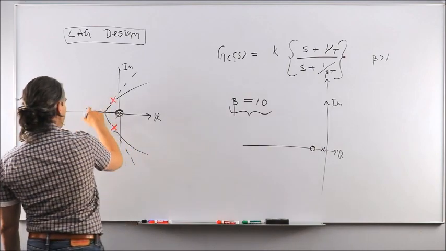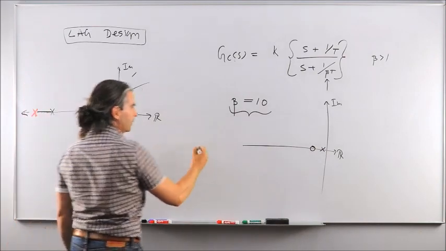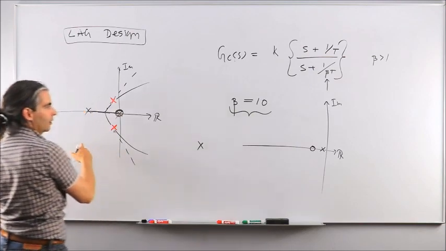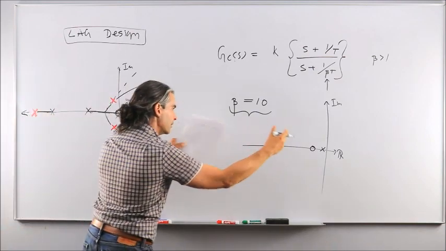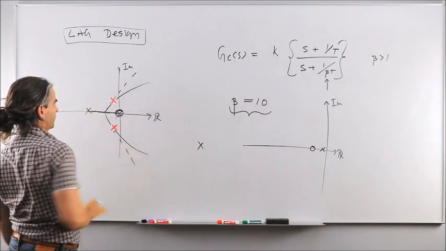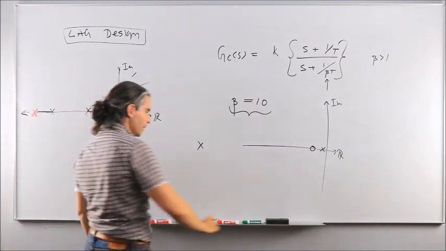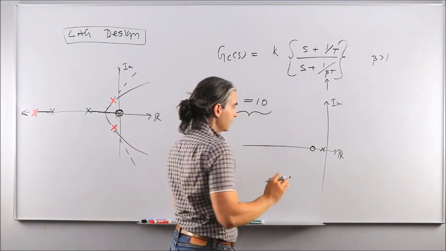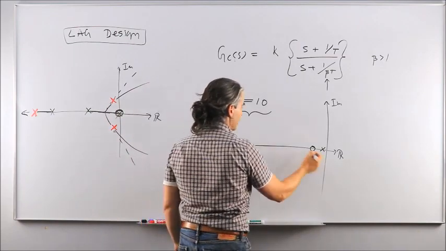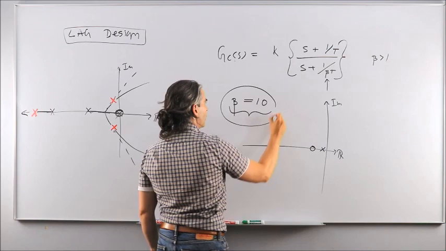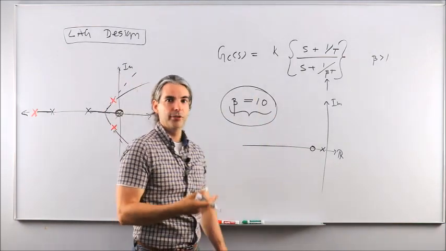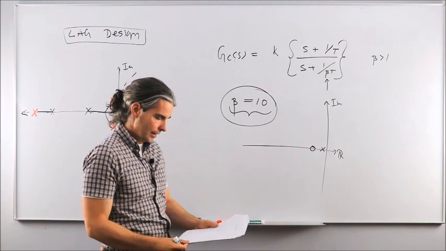So that first pole that you see here on this scale could be looking like here. And that pole there will be over here. So this is a zoomed in version of this. Okay? Because you want them to be separated, not on top of each other. And that separation ratio is actually your beta, which comes straight from what you need compared to what you had in terms of the steady state tracking error.